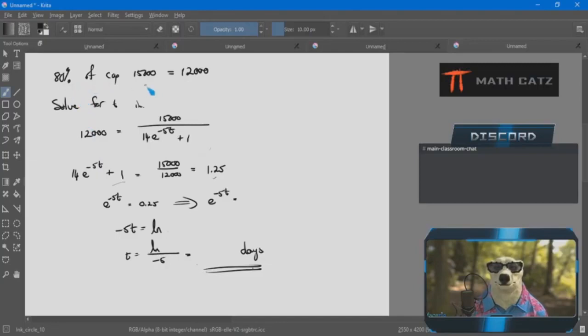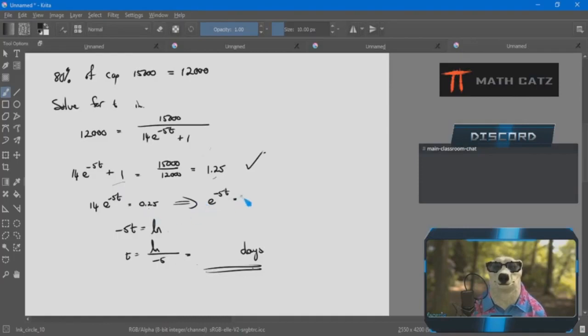When we look for 80% of the capacity, we just plug in 12 for y, and we have our equation. Move the denominator to the top of the other side. 12,000 comes to the bottom. 15 divided by 12 is 1.25. And so we subtract 1 on both sides for 14 e to the negative 5t equal to 0.25.